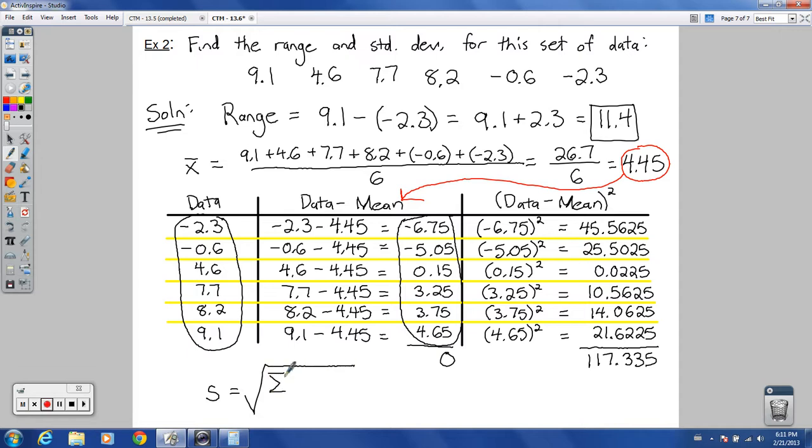It's the sum of the data minus mean values squared over n minus 1. And the sum of these values, that's where this number comes into play. That's why we did all this work to get to this number. This number is 117.335, and this is going to be over 6 minus 1.